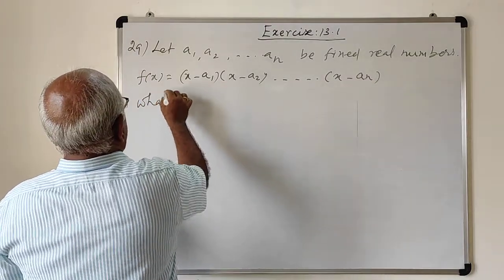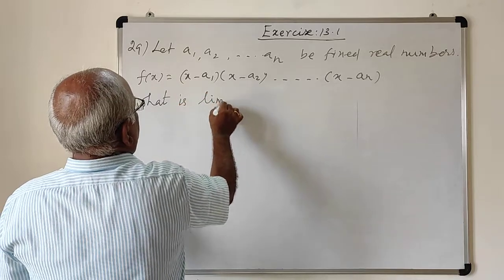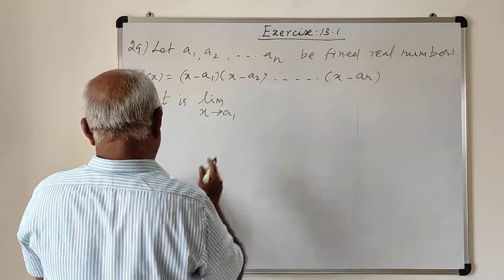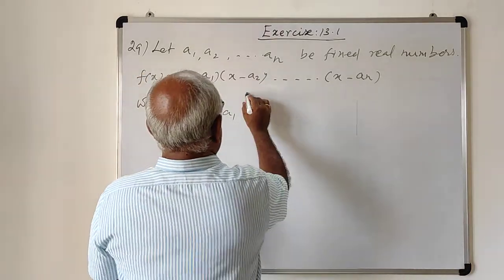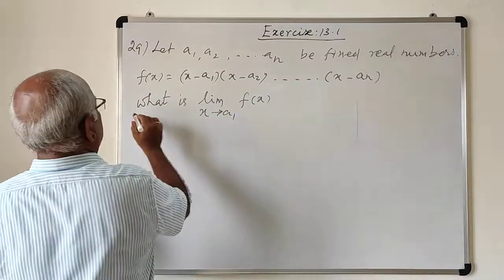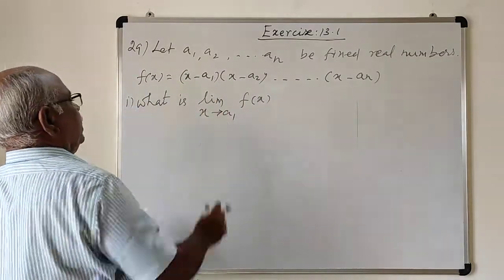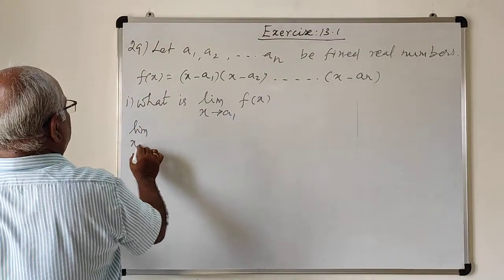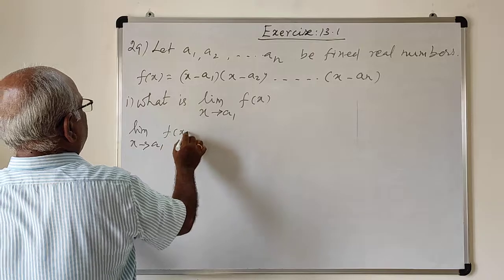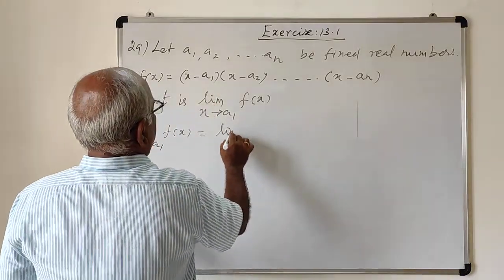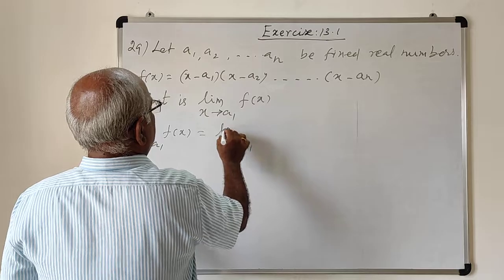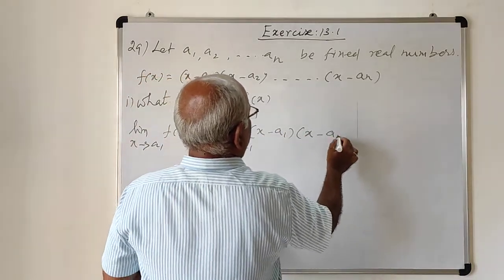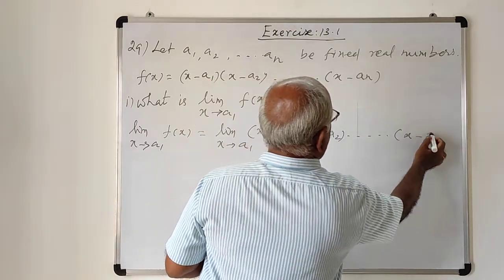First question: what is the limit as x tends to a1 of f of x? Apply the limit. The limit as x tends to a1 of f of x is x minus a1 into x minus a2 etc. into x minus an.